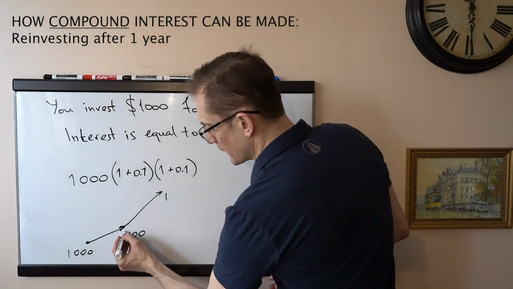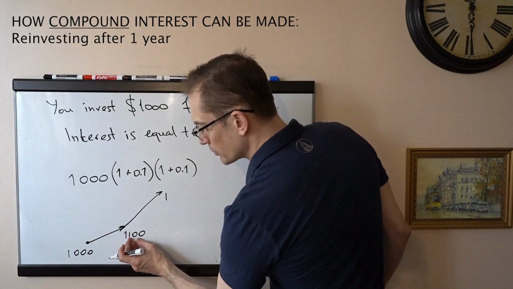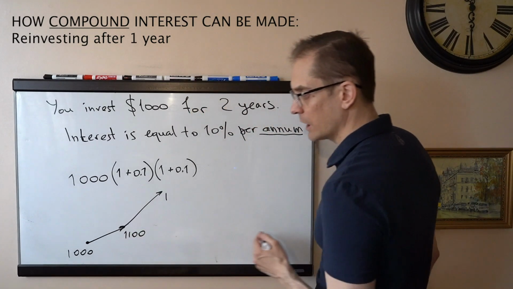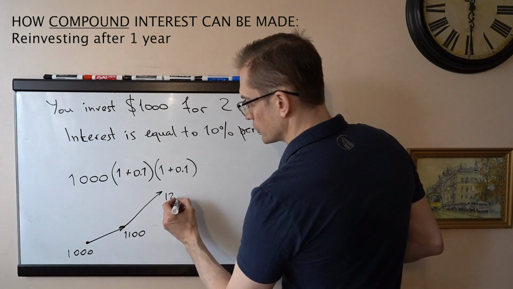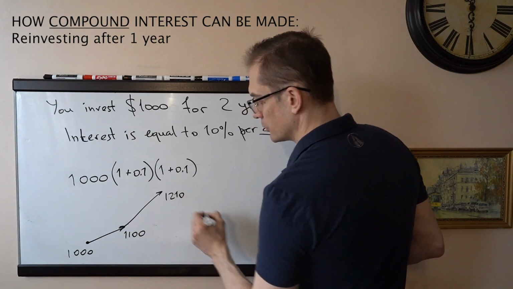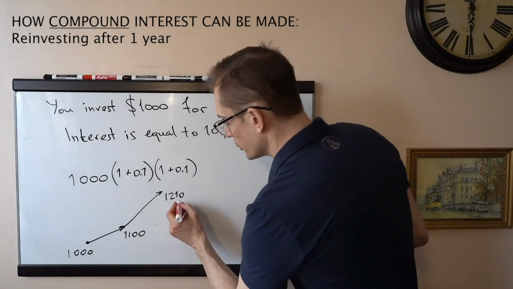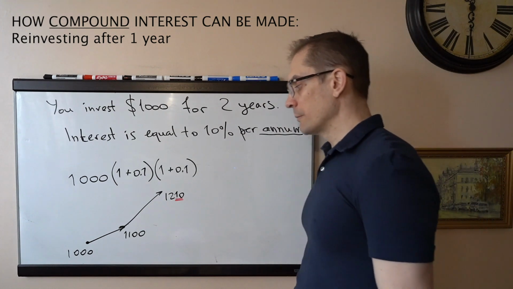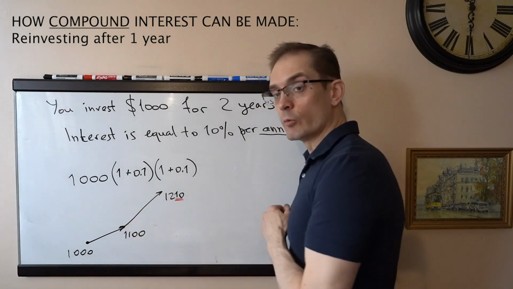Well, first $1,000 will give you again $100 interest, but then you get 10% on top of $100 interest as well. And as a result, you will get $1,210. So you could earn $10 extra because you simply reinvested money after 1 year.